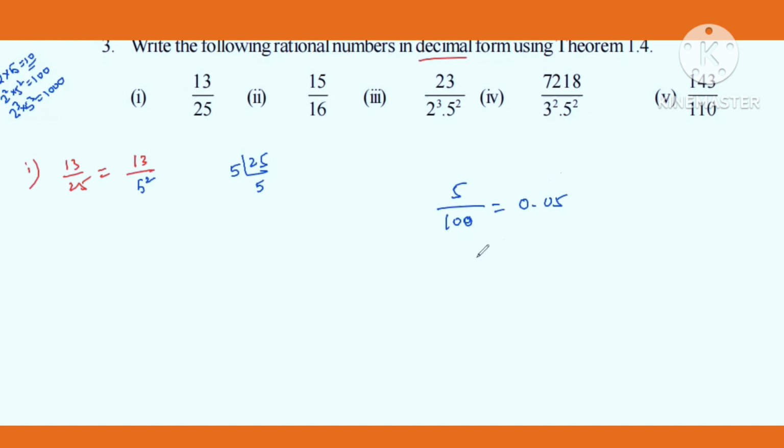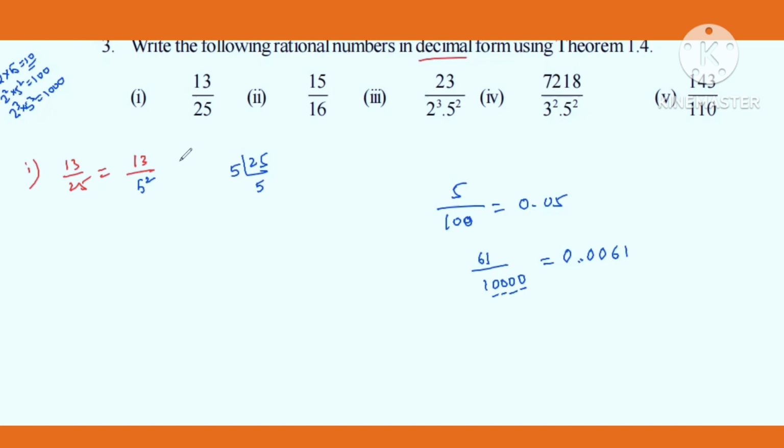If the denominator is in the form of powers of 10, we can directly write the decimal form. For example, 61 by 10,000 is there. Now here how many decimal places can we write? 1 2 3 4. So we write 0.0061. So only one thing we have to do: convert the denominator into the form of 10, 100, 1000 or 10,000.